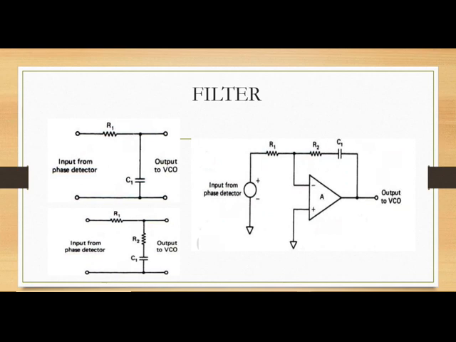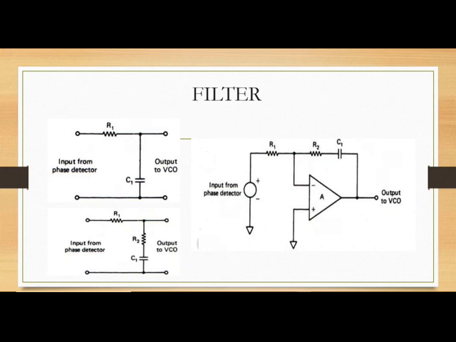The disadvantage of an active filter is they contribute noise components that appear on the VCO signal, and the passive filter has the disadvantage that they require greater static phase error between Fs and F0, that means the input and the output signal, to maintain lock compared to an active filter.